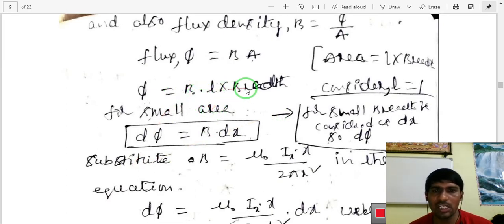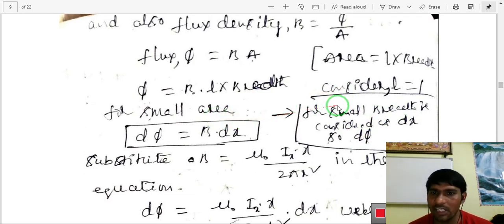We know the basic formula for area equals length into breadth. Here we can consider the length of the conductor as 1 meter only. For the small breadth, consider the dx value. Here we are completely concentrating on the small value, that is the dx area only.